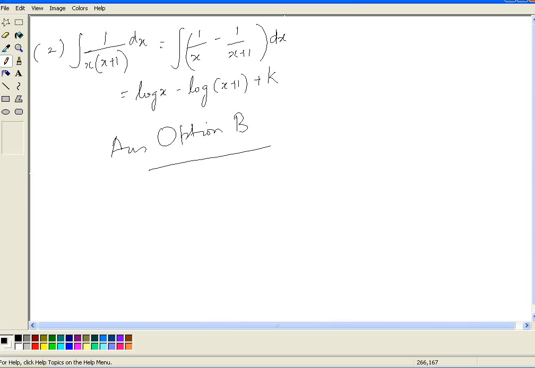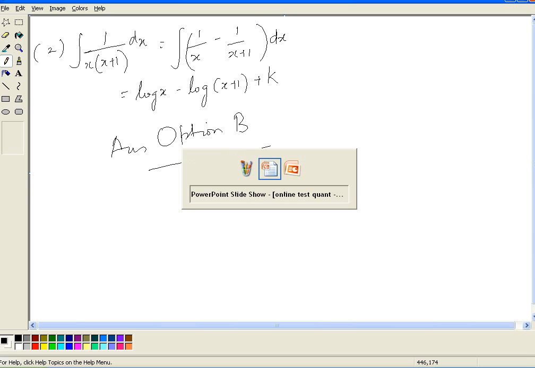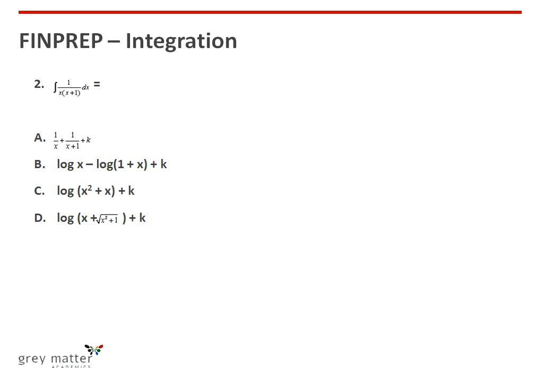Now the integral of 1 by x is log x, and the integral of 1 by x plus 1 is log of x plus 1. So it is log x minus log of x plus 1 plus k. So the answer is option B. Going back to our PowerPoint projection, it is option B, which says log x minus log of 1 plus x plus k.